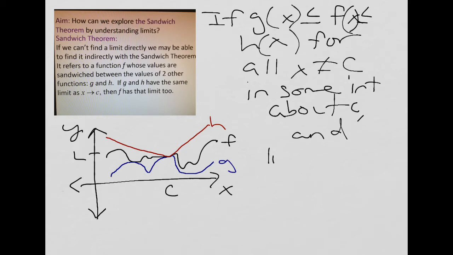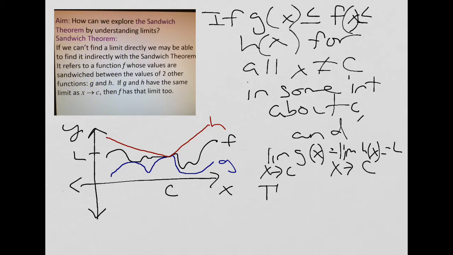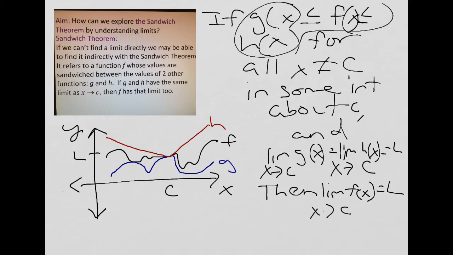And the limit of g of x is the same as the limit of h of x, and that equals L as x approaches c. Then the limit of f of x will also equal L. That is the sandwich theorem, and it's true because of this inequality.